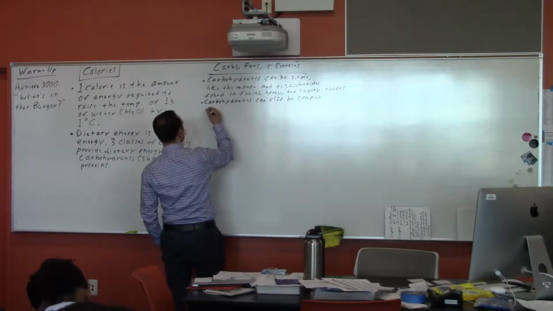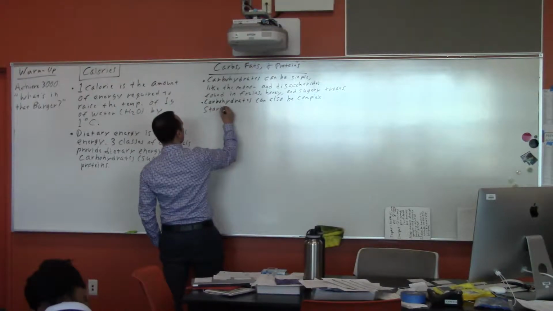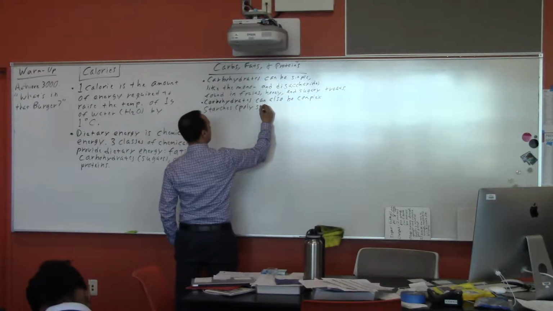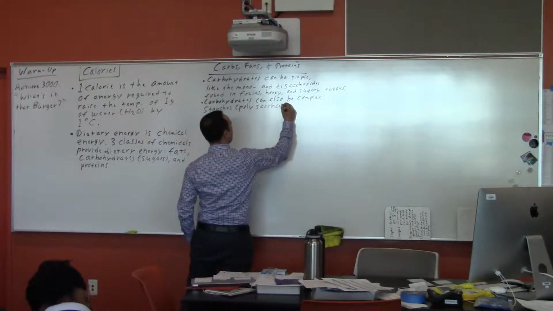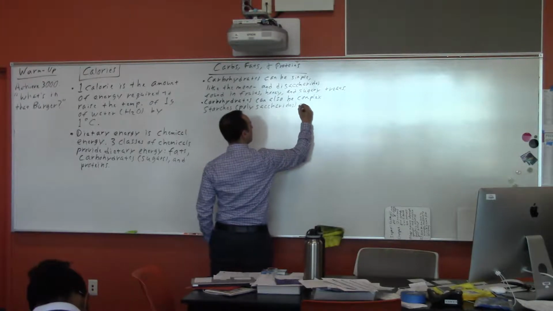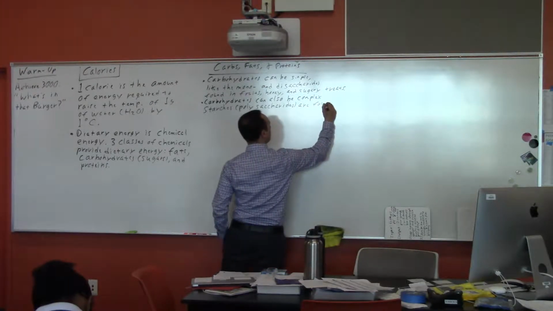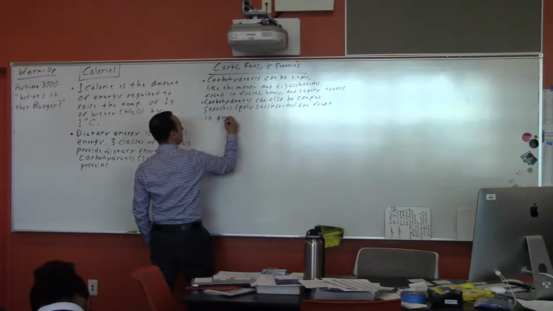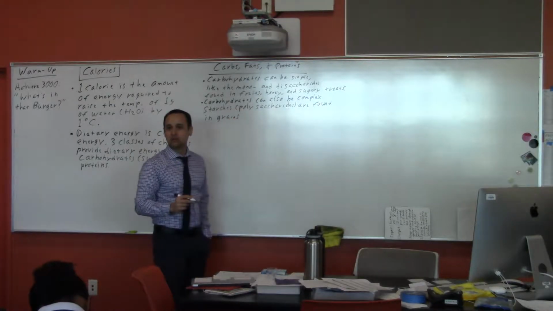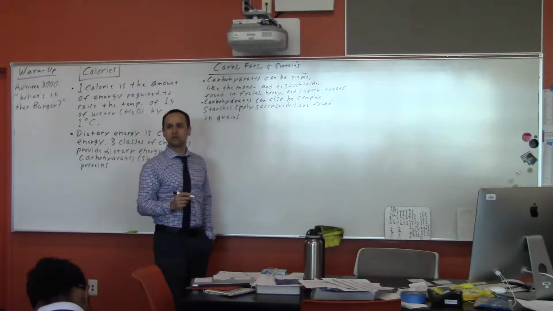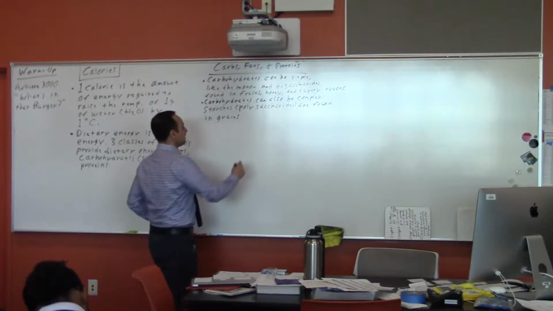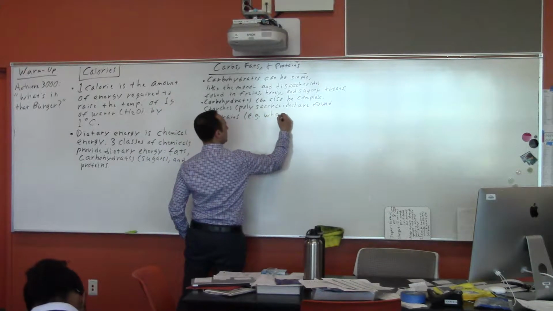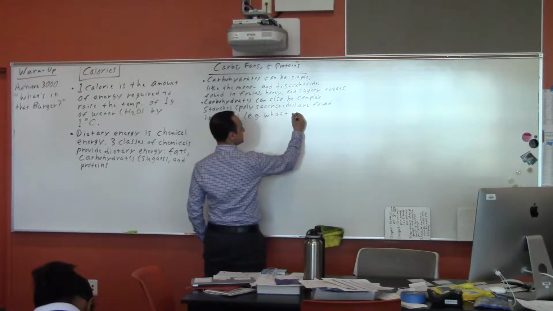So starches, which are polysaccharides, are found in grains. Everything okay? Okay. Found in grains. For example, wheat, which is used to make bread.